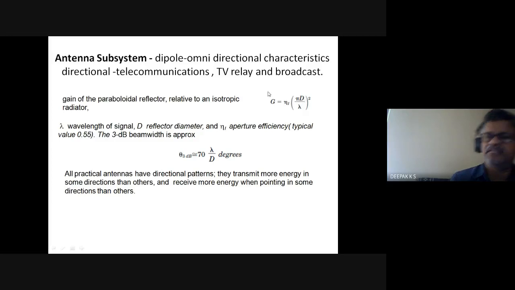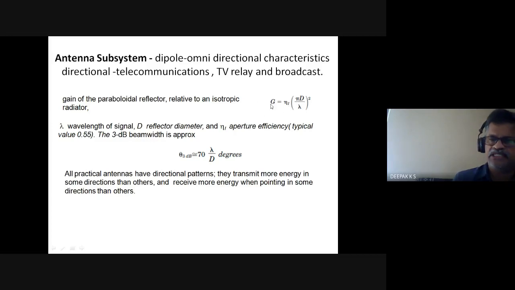So this is basically the gain of a paraboloid reflector with respect to an isotropic radiator. If you transmit using an isotropic radiator, you get some power. When you transmit through a paraboloid reflector, you have a gain which is related to this expression.